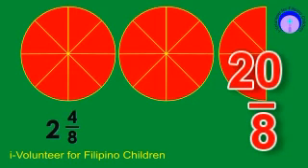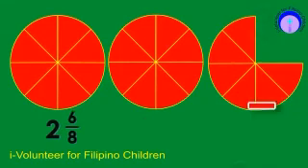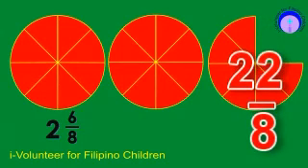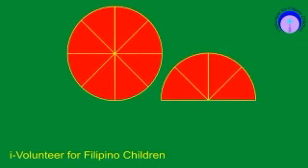The improper fraction is 28. Can you tell me about its mixed number? Can you convert this mixed number into its improper fraction? The improper fraction is 22/8. Can you tell me about its mixed number?